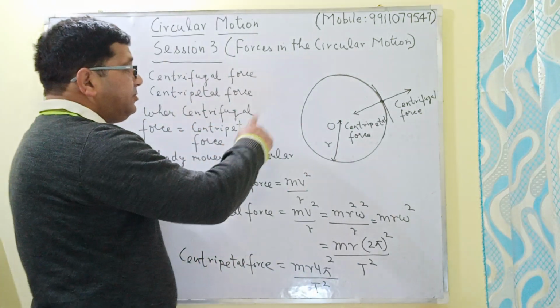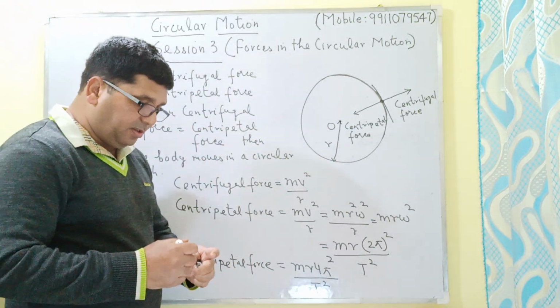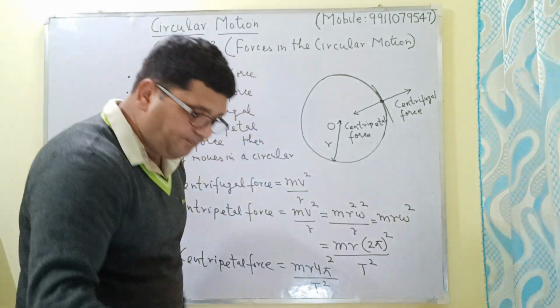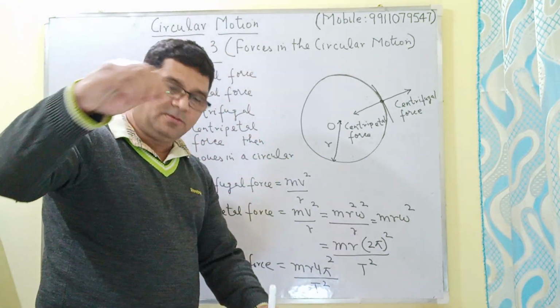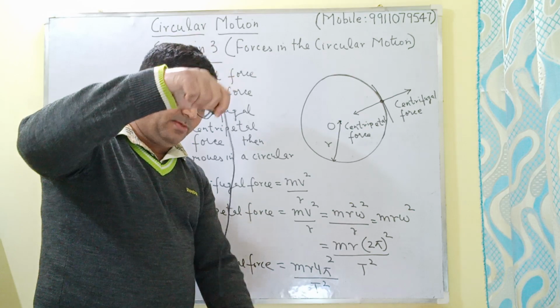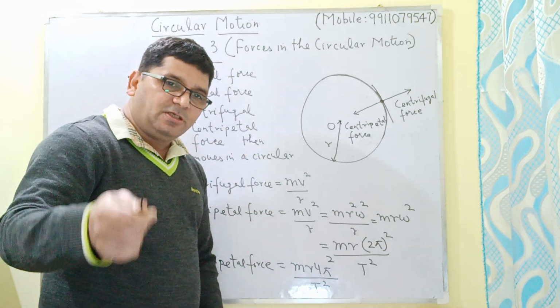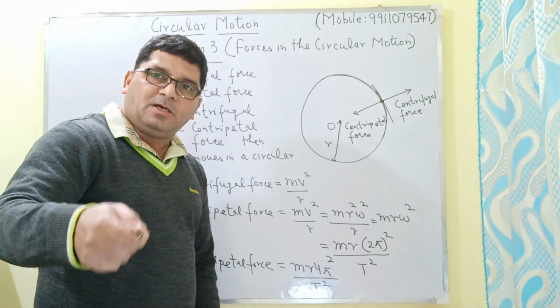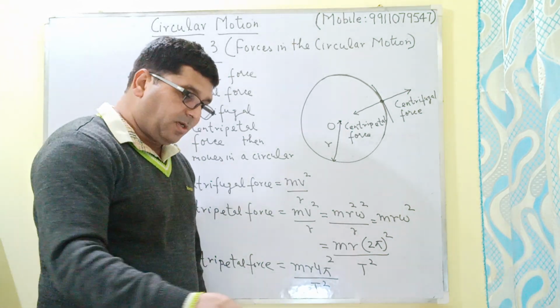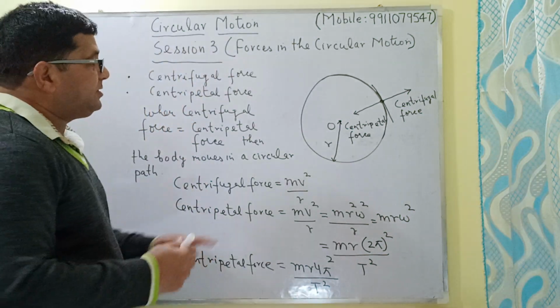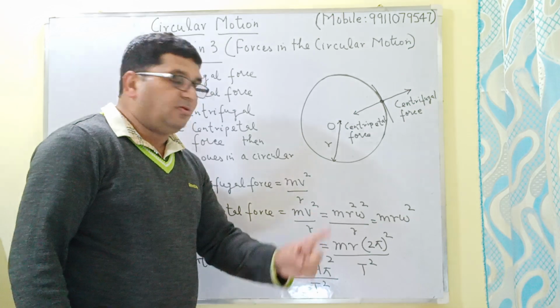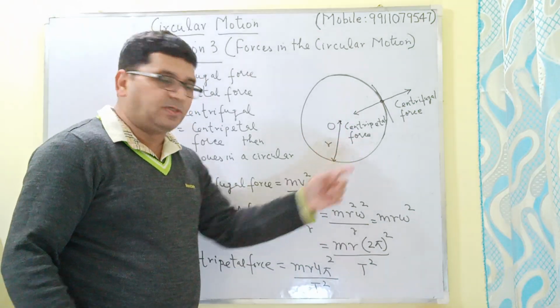Whenever an object is moving in a circular path, for example, if I am rotating this string in a circular motion, then the centripetal force will be provided by the tension in the string.